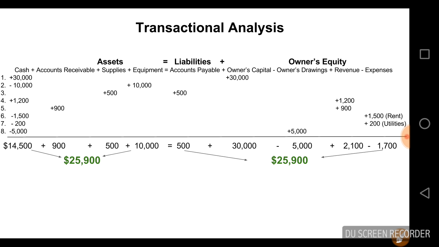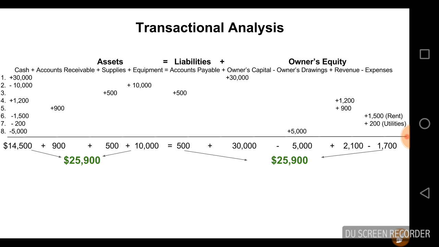Okay, so your accounting equation is still in balance after the second transaction. After the second transaction, you still have $30,000 in assets, and on the other side of the equation, you have $30,000 in equity.